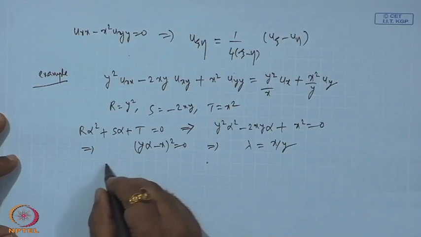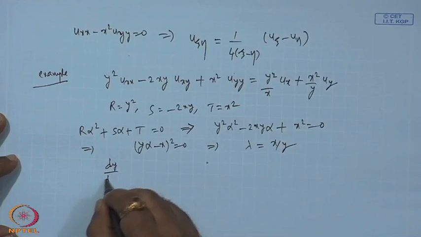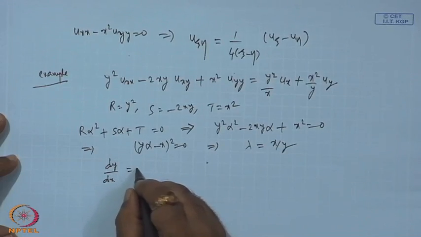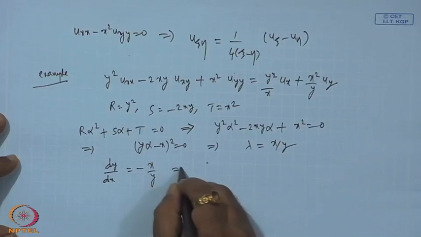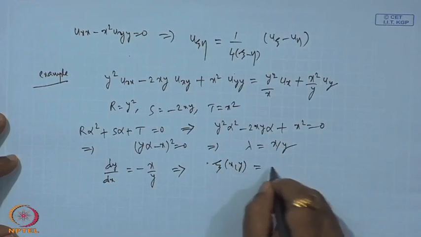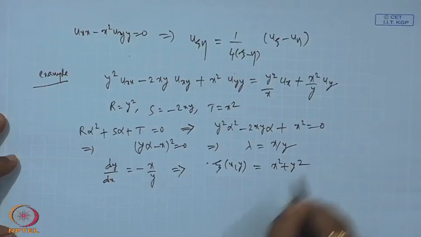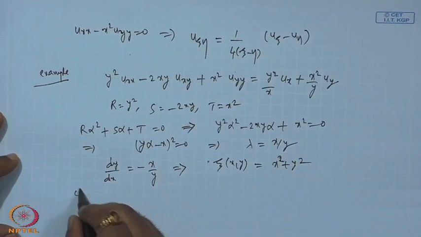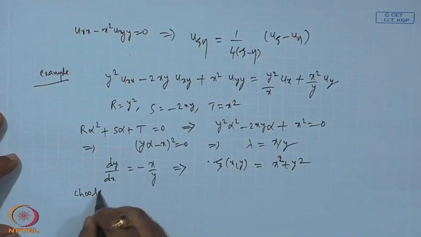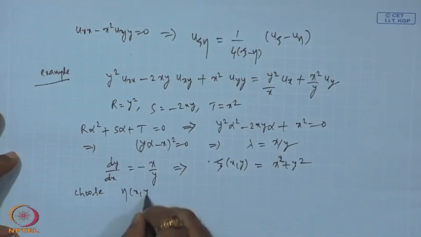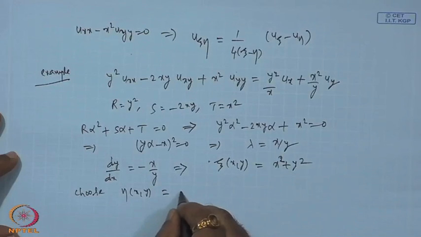So, dy by dx equals minus x by y. So, zeta of x y, one characteristic. Since roots are equal, what was our earlier discussion? Choose eta which is independent. So, let us choose.